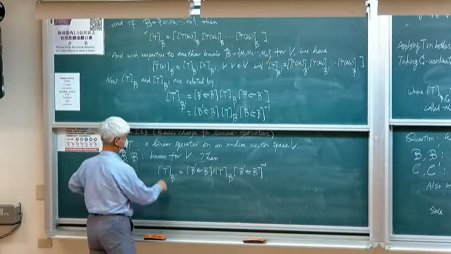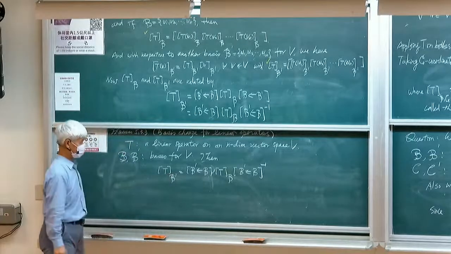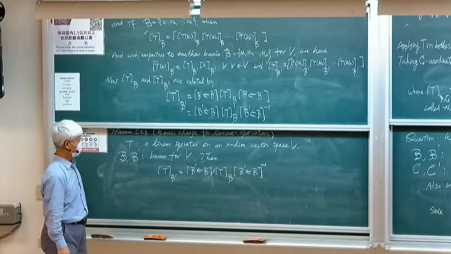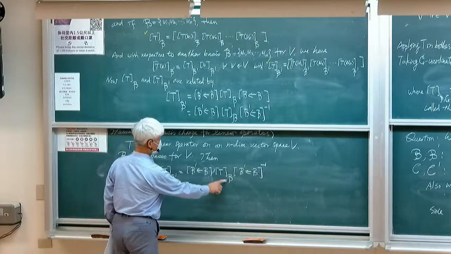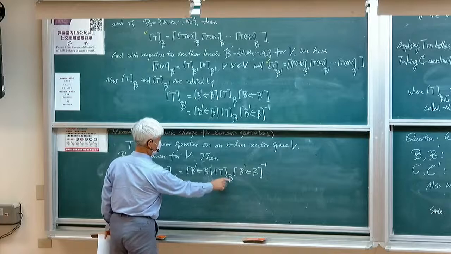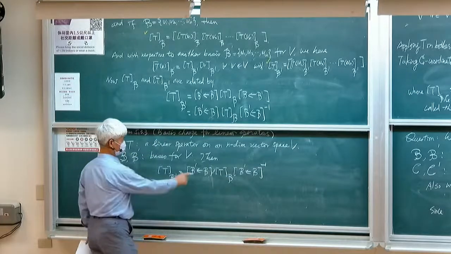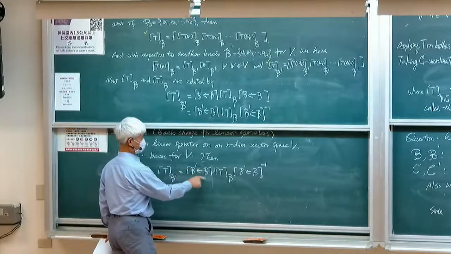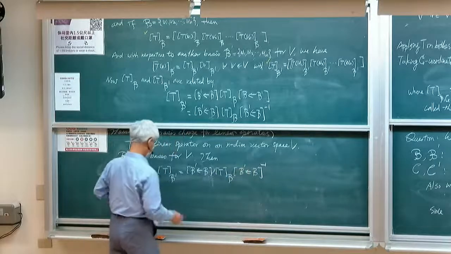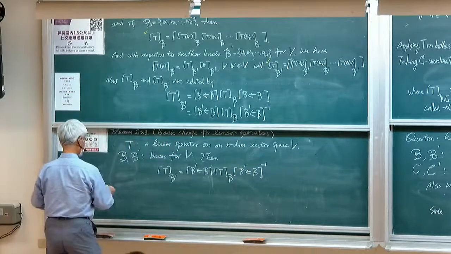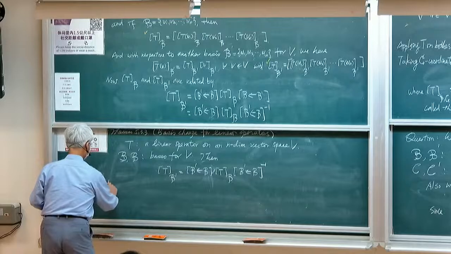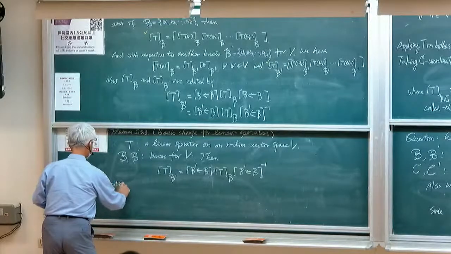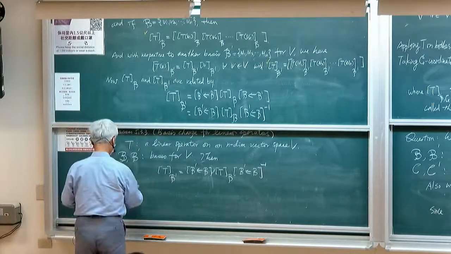So there is a relationship: you can obtain the B prime matrix representation from the matrix representation relative to basis B by a matrix P and its inverse. So there is a definition called similarity.